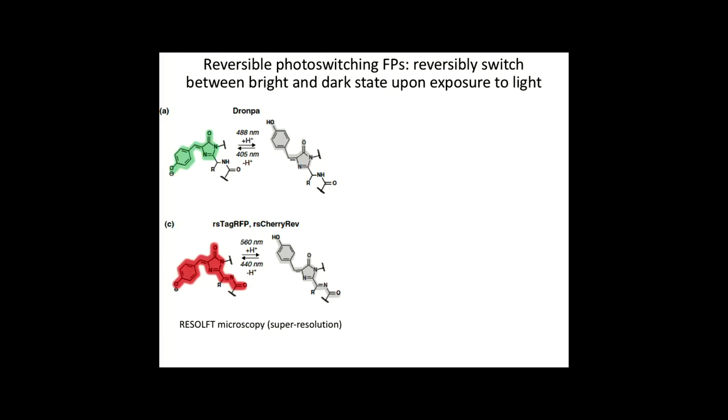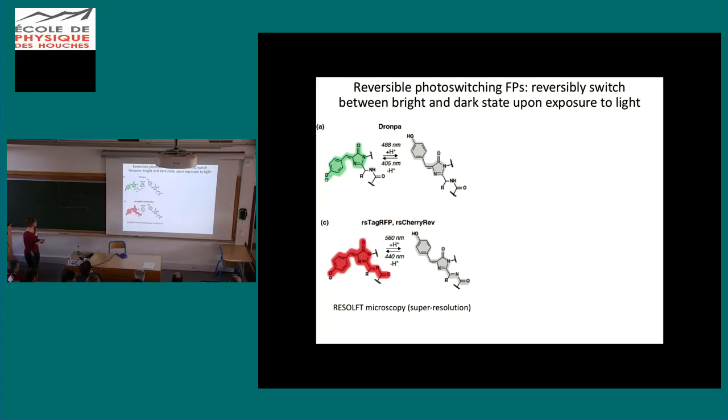Okay. So reversible photoswitching proteins, again, we have heard a lot about these. I'm pretty sure Dronpa was the first example of this, converting with 405 to the bright state, and then 488 converting to the dark state. There are many other examples, so this can happen with red fluorescent proteins too.